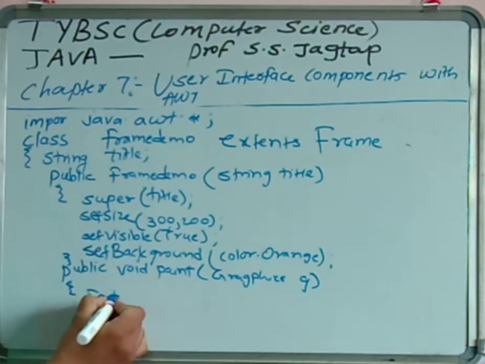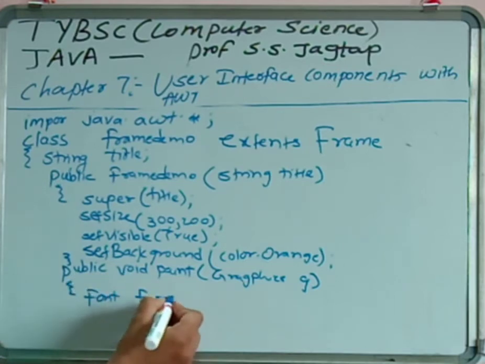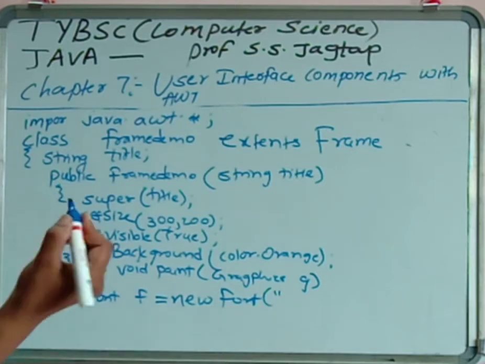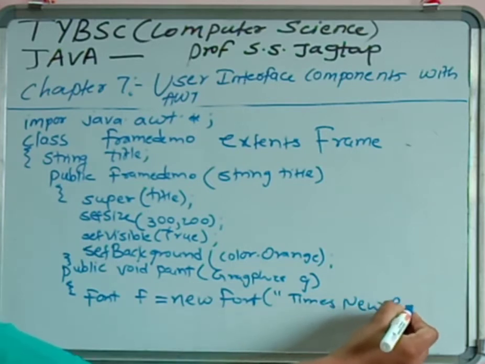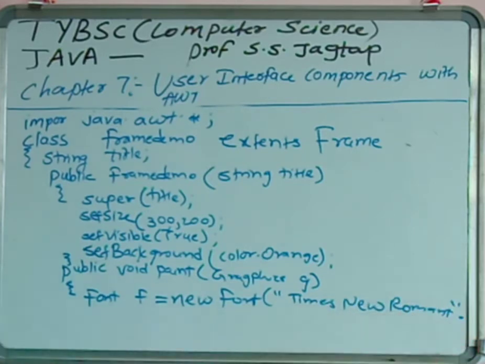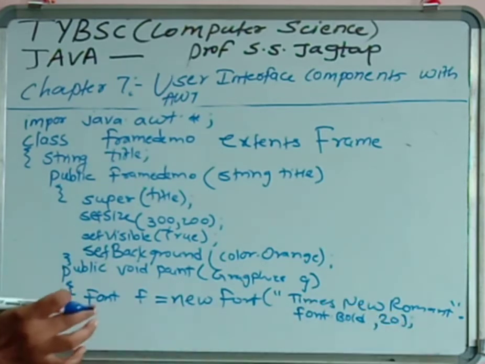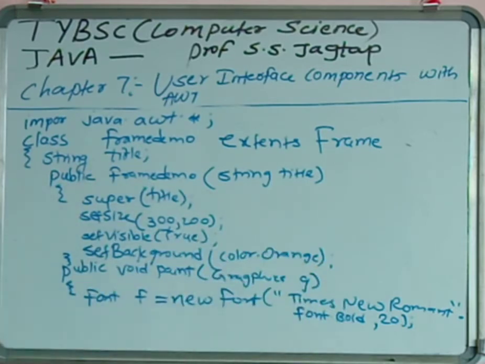Suppose I want to give the font Times New Roman, then I can create an object of the Font class, that is F is equal to new Font, and the string is given and the type is given, Times New Roman. I also want to bold it, so Font.BOLD is used, and I want to give the size of that string, that is 20. By using this code I set the string type as well as size.